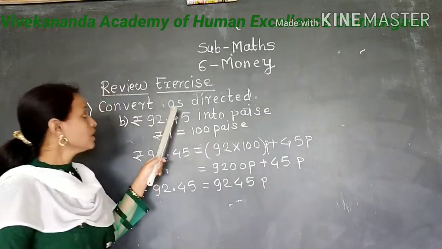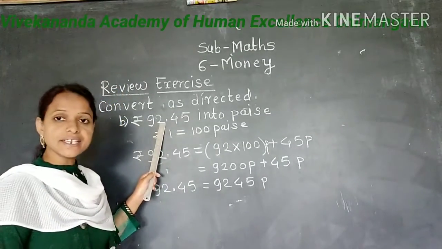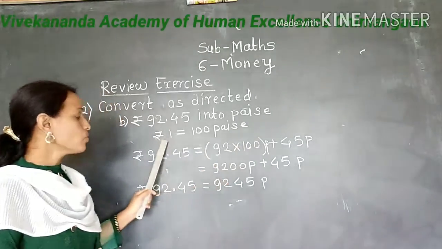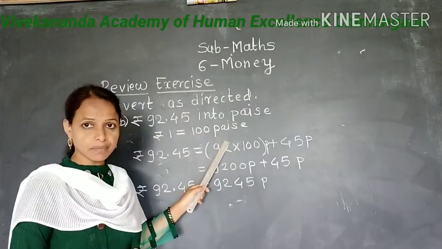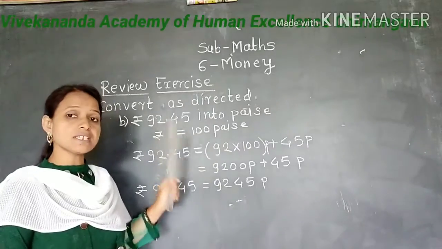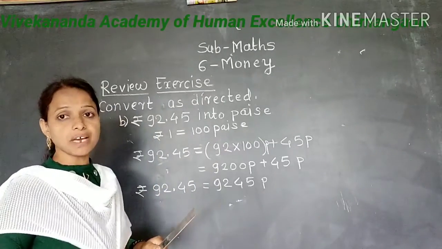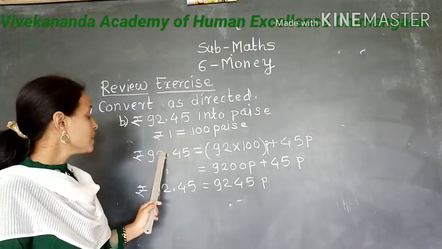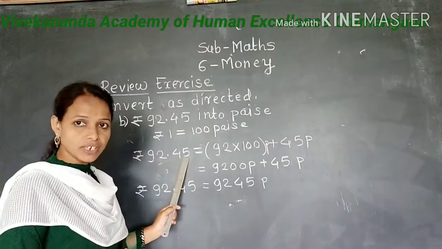Next thing, convert 92 rupees 45 paise into paise. So we know that 1 rupee is equal to 100 paise. To convert rupees into paise, we have to multiply the number by 100. Okay, so here 92 rupees and 45 paise.